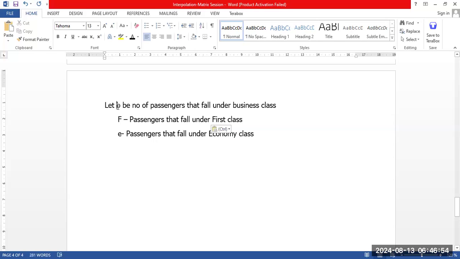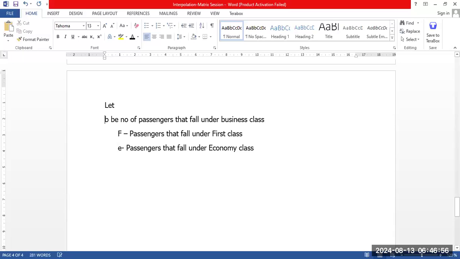So you have defined, and you observed that from the first trip, the bus can only accommodate 100 passengers.